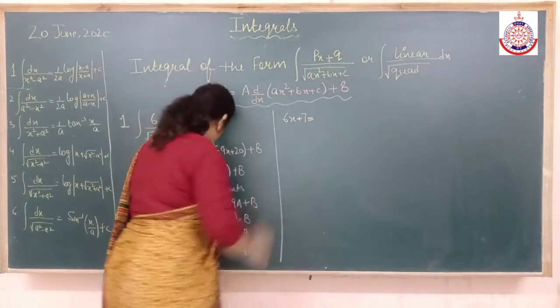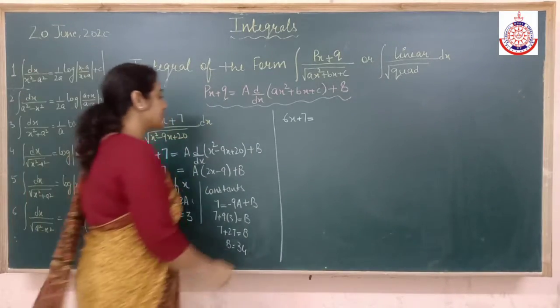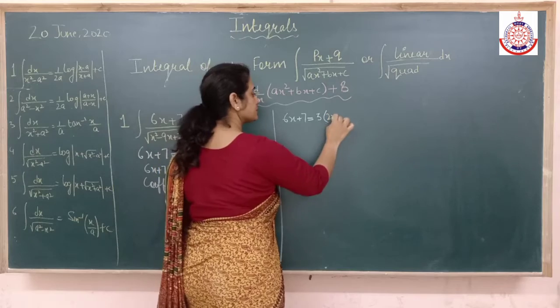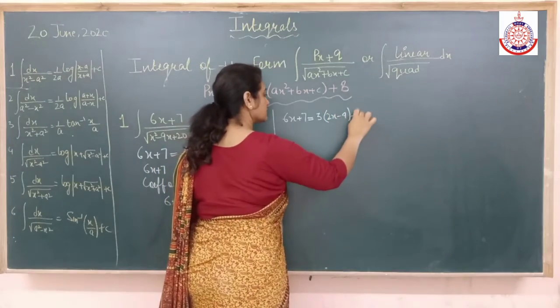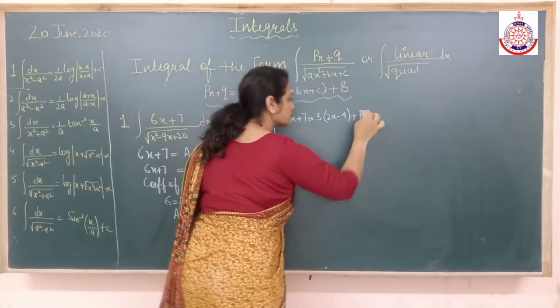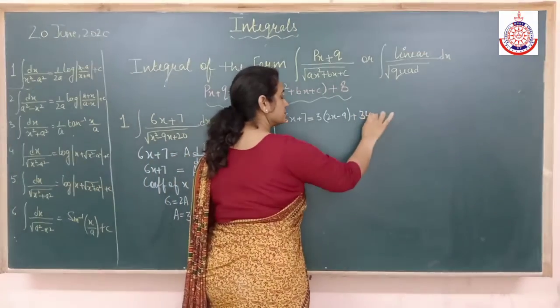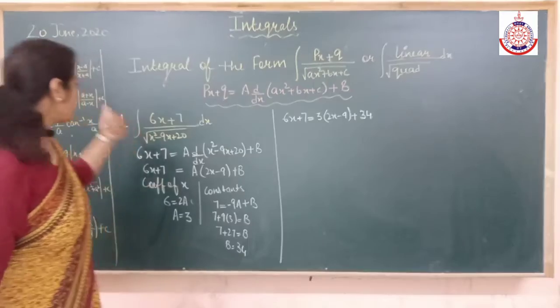this can be written as 6x plus 7 can be written as a into, b is 34. So go back to the integral.